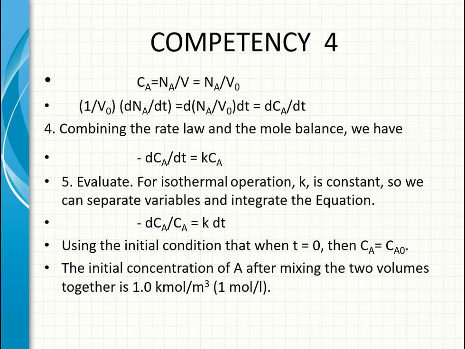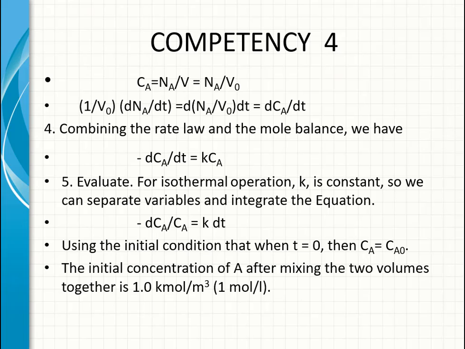Combining the rate and the mole balance, we have minus dCA dt equal to kCA. Minus dCA dt comes from the mole balance, and k times Ca comes from the rate law.